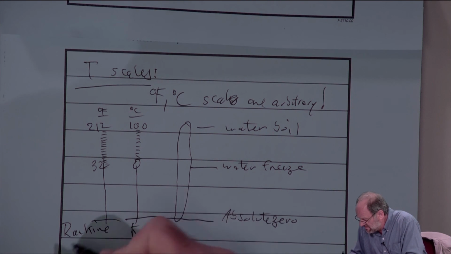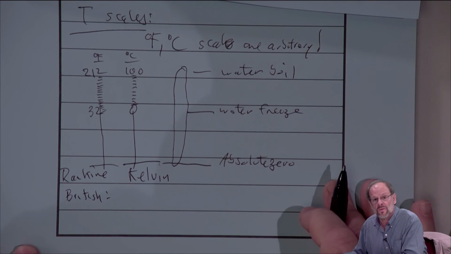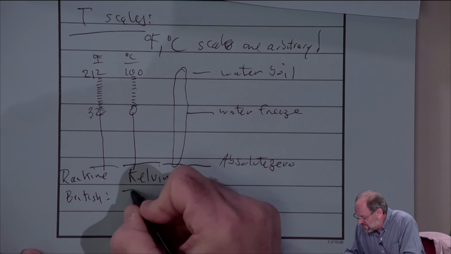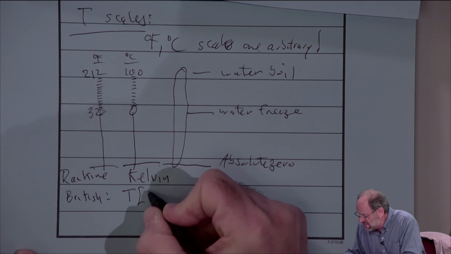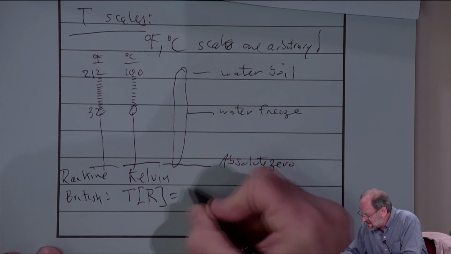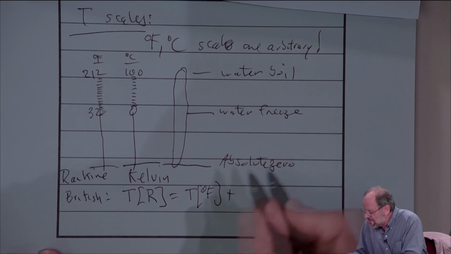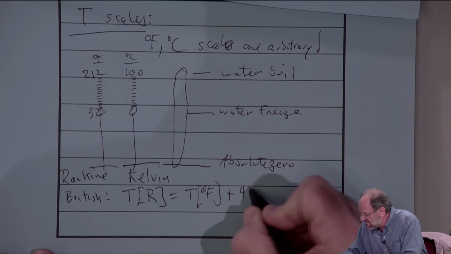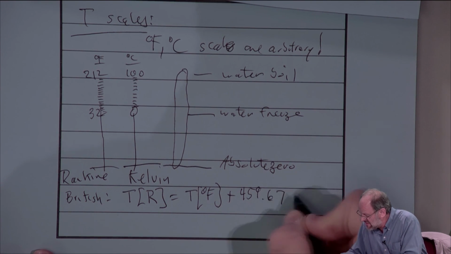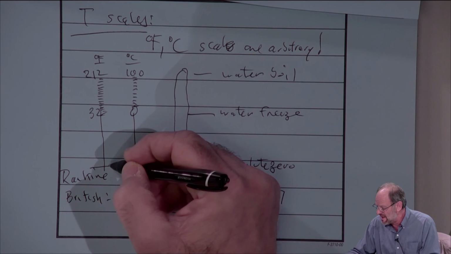So in the British system, temperature measured in Rankine, and I'm just going to use R for Rankine, equals the temperature in degrees Fahrenheit, but we actually have to add 459.67 in order to convert from Fahrenheit into Rankine. Remember, we're starting way down here at absolute zero.